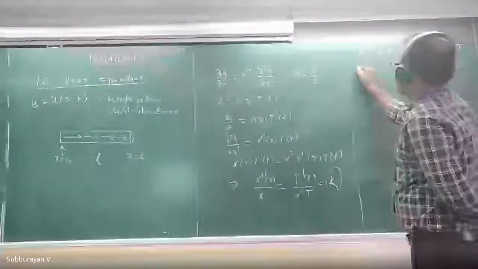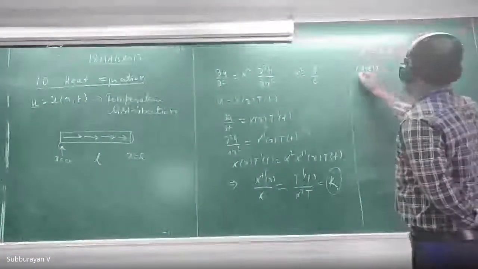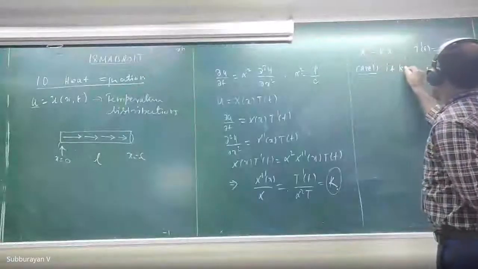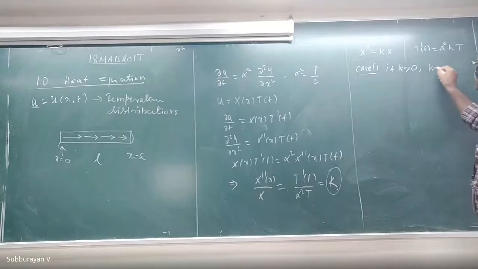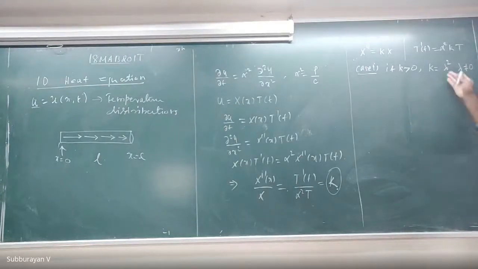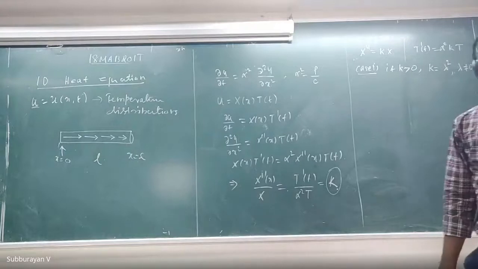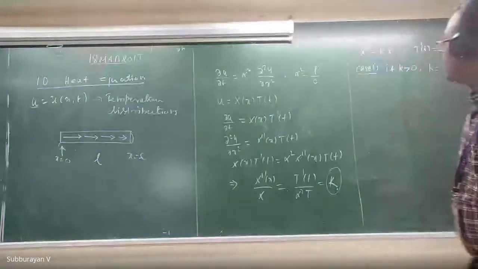Now, case one. If k is greater than 0, then one can assume that k is equal to some lambda squared. Here lambda is not equal to 0. If lambda is not equal to 0, then lambda squared is always positive. Therefore k is always positive. Fine.